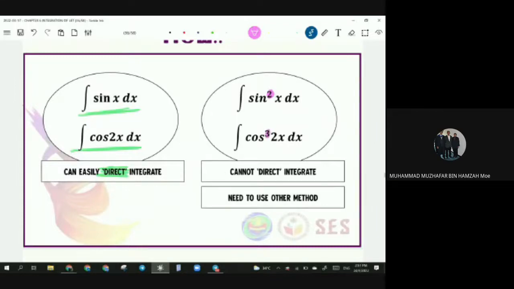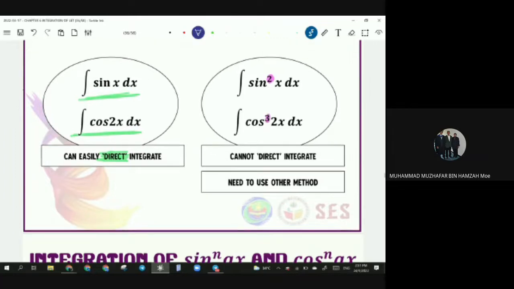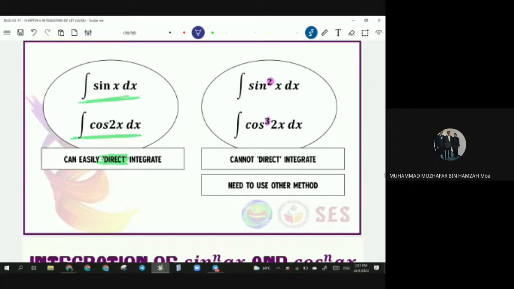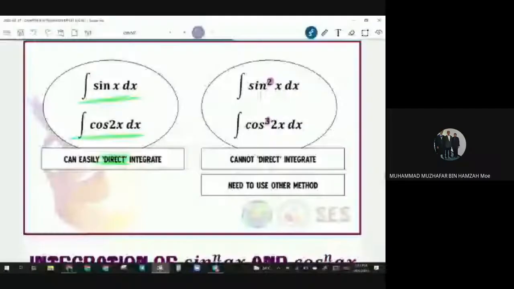Ingat yang kita dah belajar tadi hanyalah integrate apa dia? 3 benda je kita belajar. Kita dah belajar tadi hanyalah untuk integrate sin, cos dan juga secant square je.